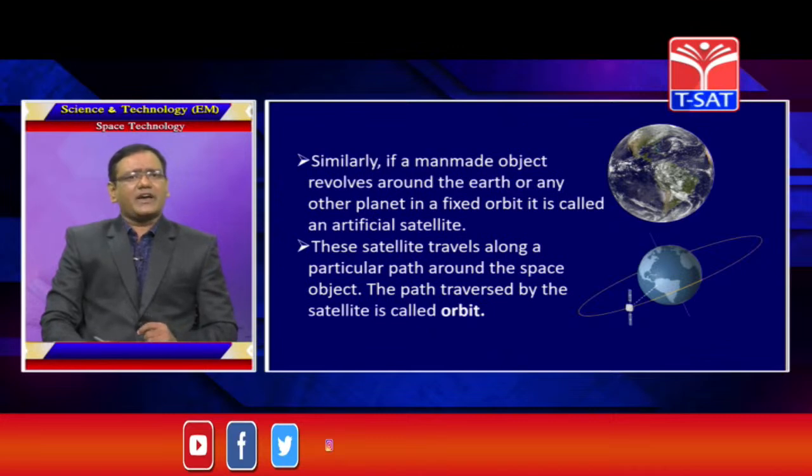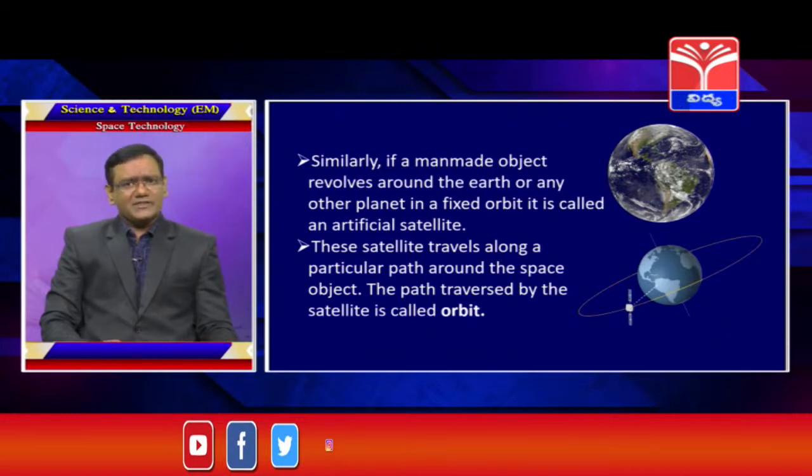These satellites travel along a particular path around a space object. The path traversed by the satellite is called an orbit. So orbit is nothing but the path traversed by a natural or artificial satellite.